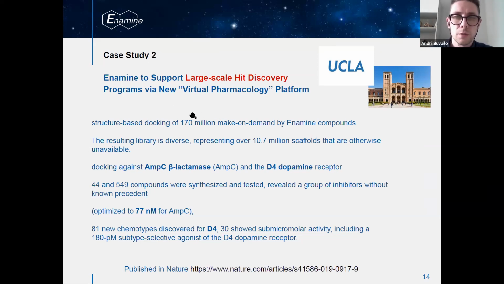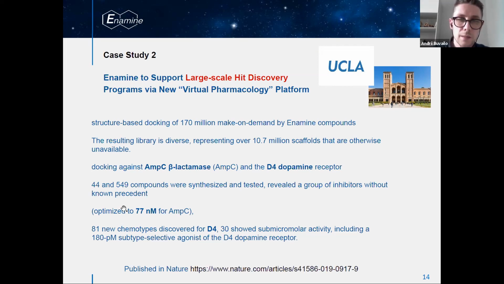That was the collaboration with the University of California, and there was a large-scale hit discovery involving 170 million make-on-demand compounds by Enamine. The result of that screening was quite strong hits against several targets like AmpC beta-lactamase and the D4 dopamine receptor.